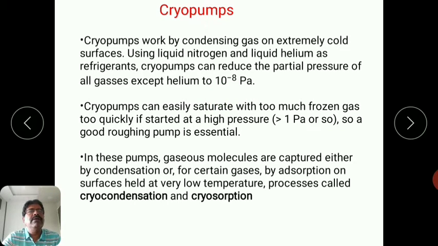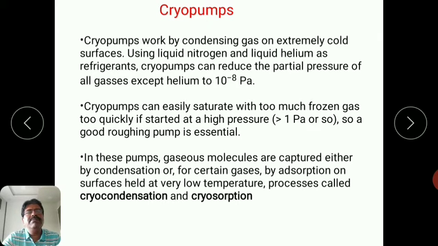Later on we shall discuss the importance of partial pressure and vapor pressure in the process of condensation. Now in the beginning, when you start your cryo pump with higher pressures, very near to atmospheric pressure, there is a chance that the cryo pump will easily saturate with too much frozen gas too quickly if started at high pressure.